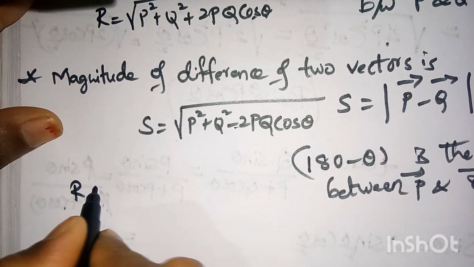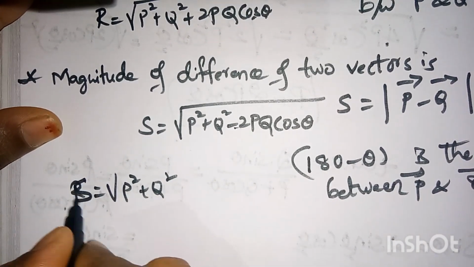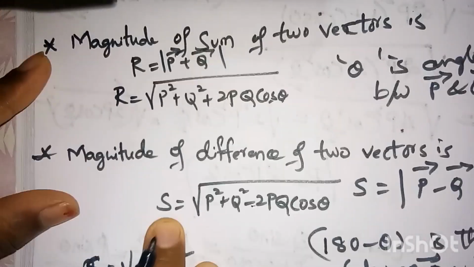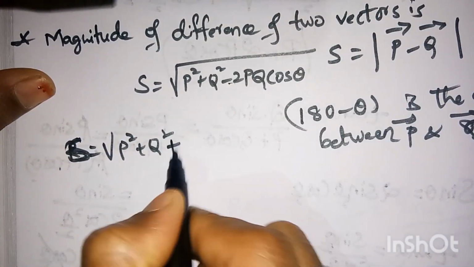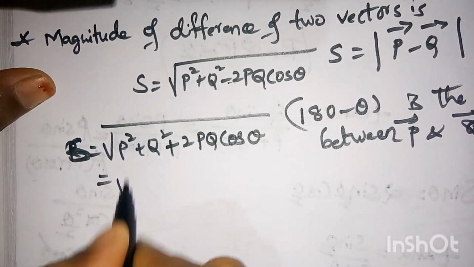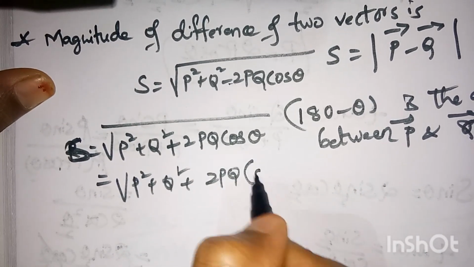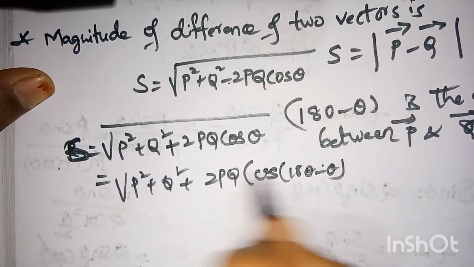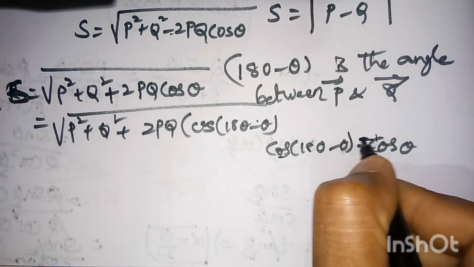So r equals under root p square plus q square plus 2pq cos theta. The magnitude of the difference of two vectors is denoted as s, and the magnitude of the sum of two vectors is denoted as r. With 180 minus theta, cos 180 minus theta is minus cos theta.